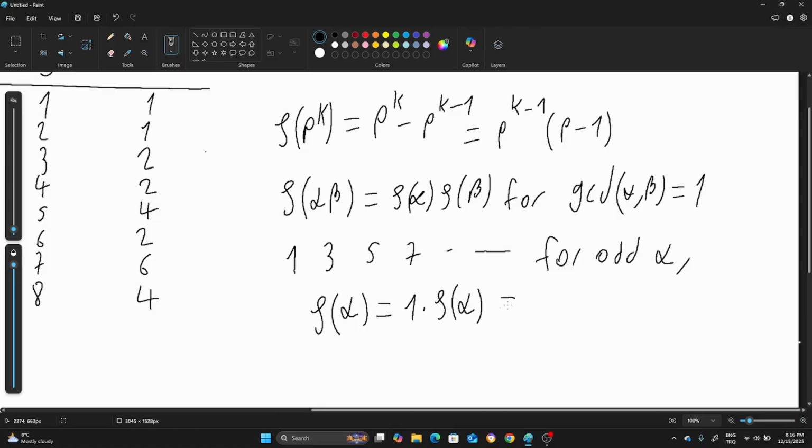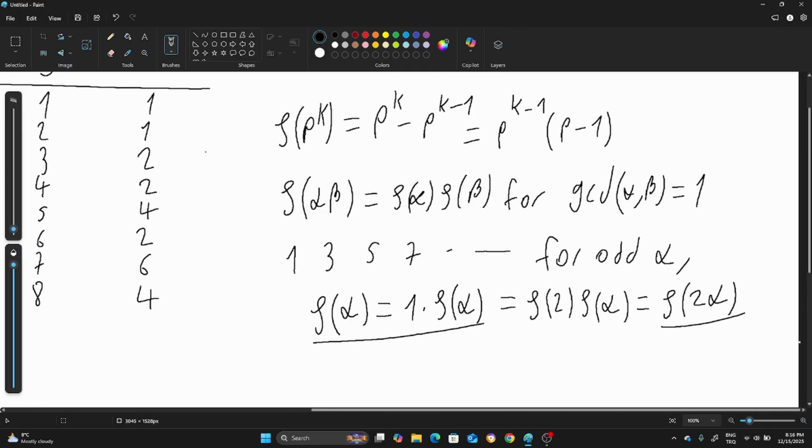From our table, totient of 2 is equal to 1, which we can replace as totient of 2 times totient of alpha. Because alpha is odd, this is equal to totient of 2 alpha. So basically, for odd values, we can just multiply by 2, and we can see that our conjecture is satisfied.